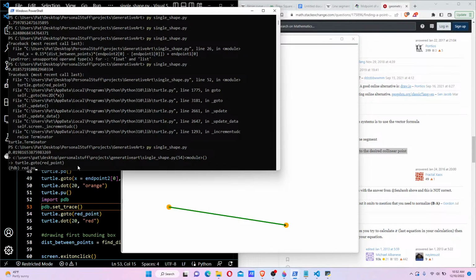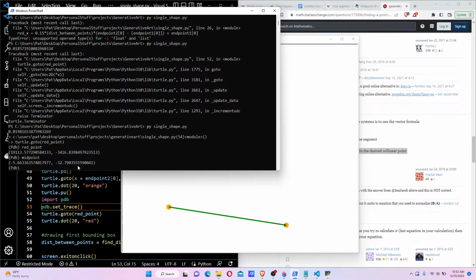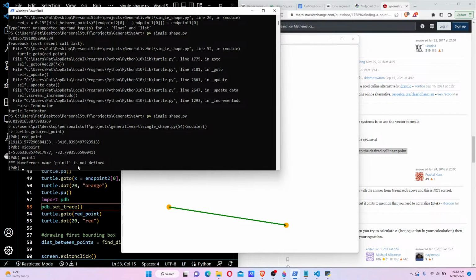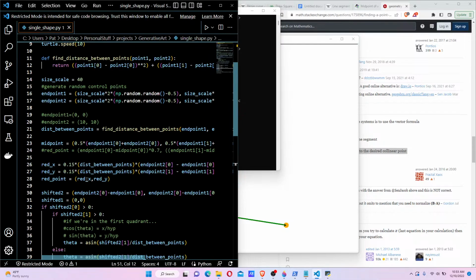Now, what's the red point look like? Okay, so the red point is just way off. 0.15 times distance between points.